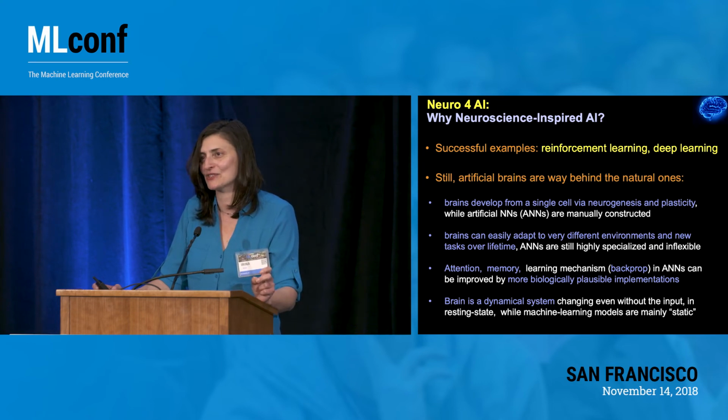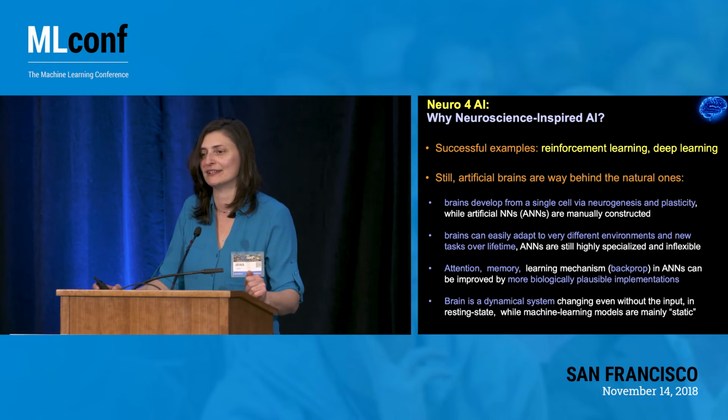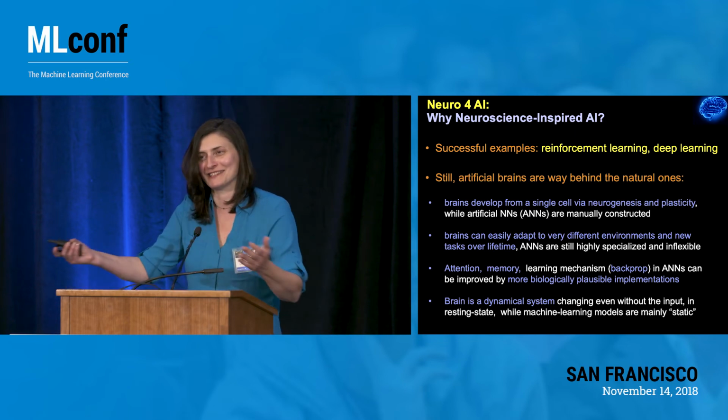And neural networks right now and machine learning models are not. They are inherited from a statistical way of viewing the world, that here is the data and here is a model, and that's the end of the story. So the brain is only static when you're dead. If you're alive, it's a dynamical system.